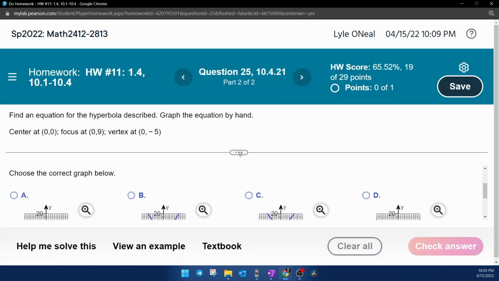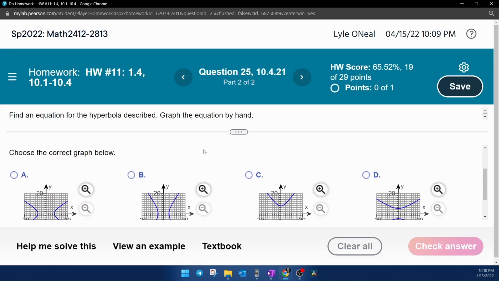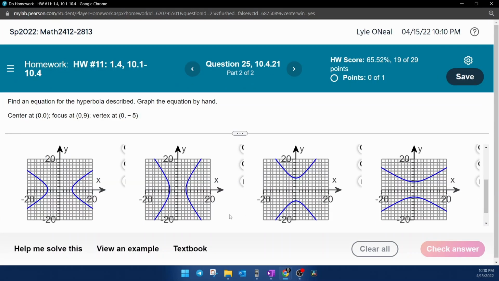And we do also need to select the correct graph. All right, so looking at the answer choices, we see that answer choice A has a horizontal transverse axis. Answer choice B also has a horizontal transverse axis. But then answer choices C and D both have a vertical transverse axis.